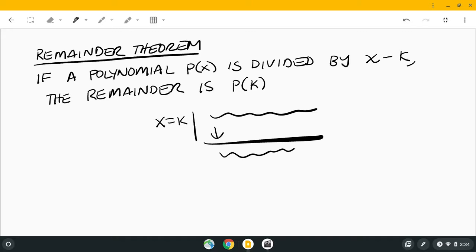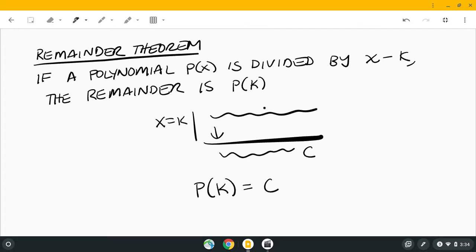Let's call it c, which is our remainder. So what they're saying is that if you evaluate p at k, in other words, if you plug k in for x and work it all out, you're going to get this c value, this remainder. So that's kind of neat.